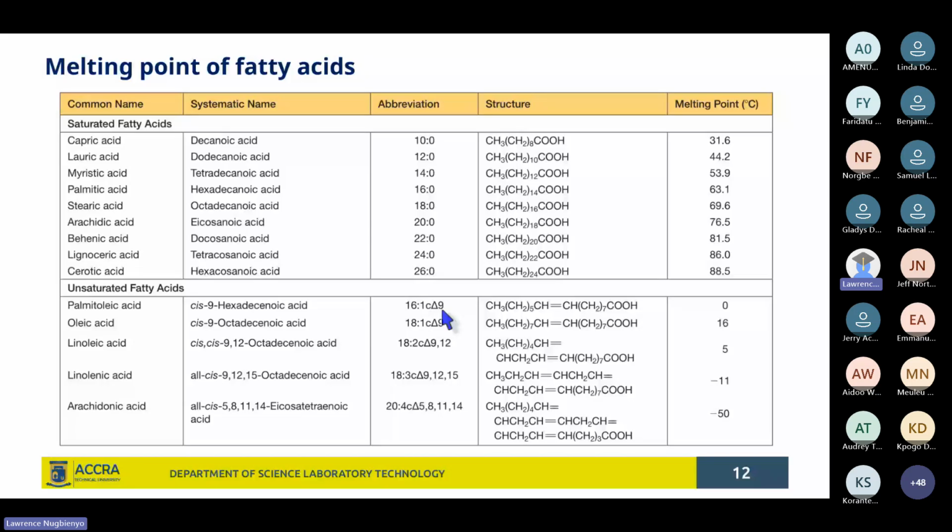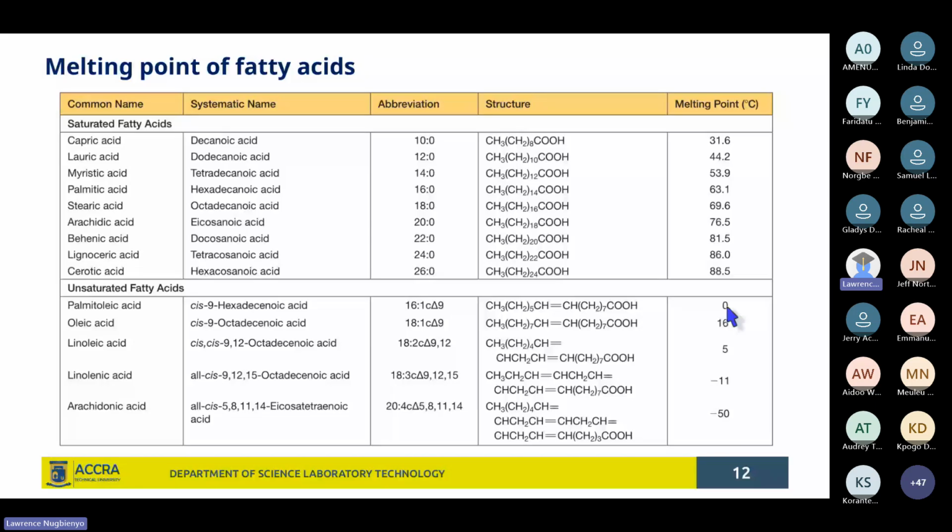Then the next unsaturated fatty acid is having 18 carbons, one double bond, and that double bond is also on carbon number 9. If you compare those two, you realize that melting point increases from 0 to 16.